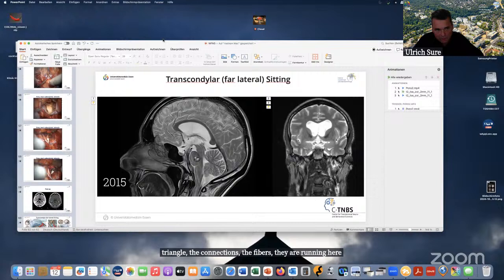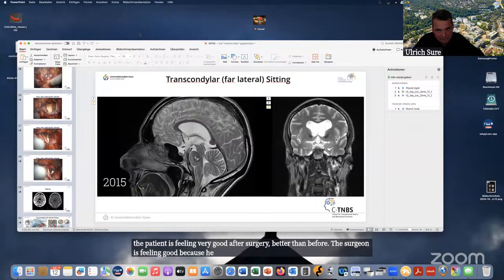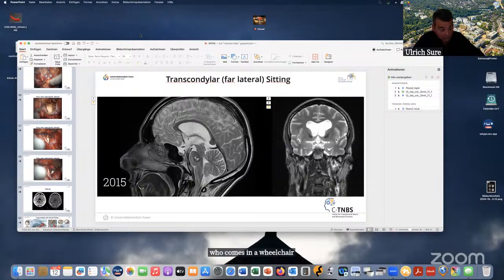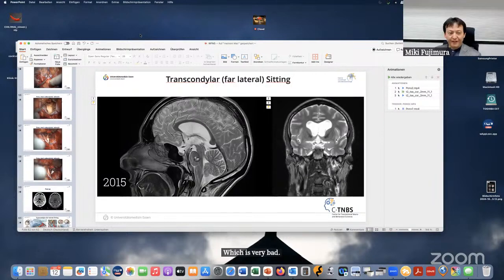We must be very aware of that. And what is so absolutely bad is that the patient is feeling very good after surgery, better than before. The surgeon is feeling good because he helped the patient, and then a couple of months later, you meet such a patient who comes in a wheelchair, which is very bad. Okay, 1 to 2%, I would think. 1 to 2%. Okay, thank you.